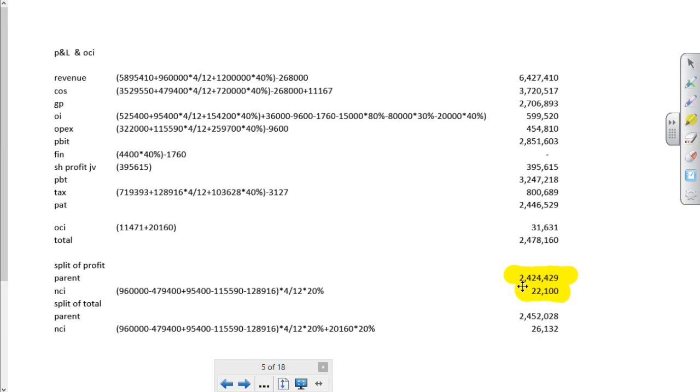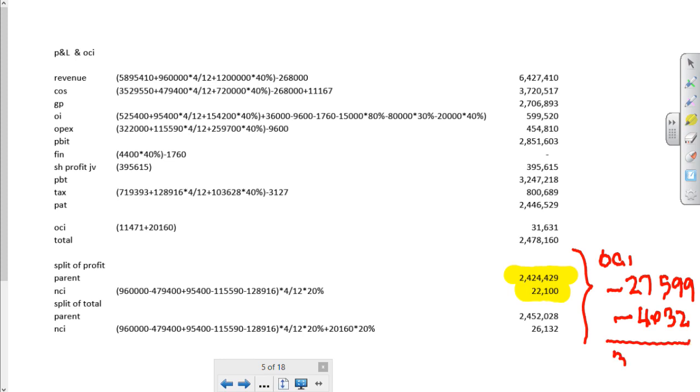Do you agree? So the OCI piece for the NCI is 4032. Is that right? Yeah, 4032. And for the other one, it's 27599, the difference between those two numbers. And if you add them together, you get the 31.